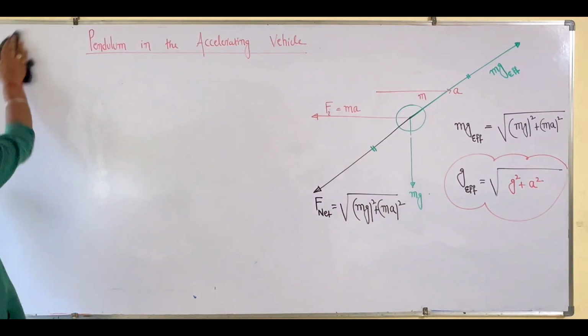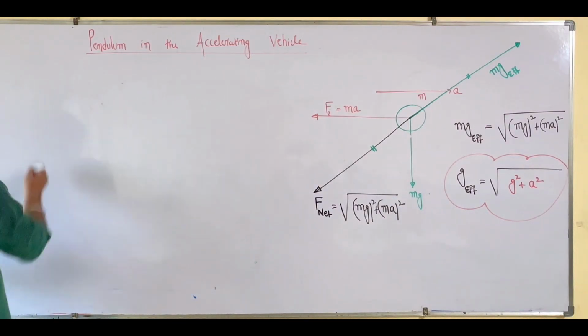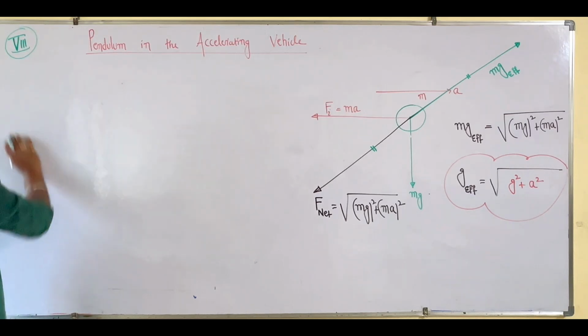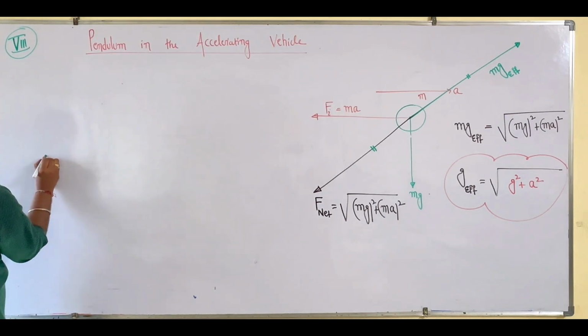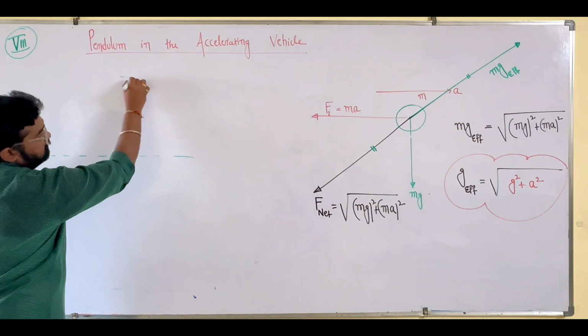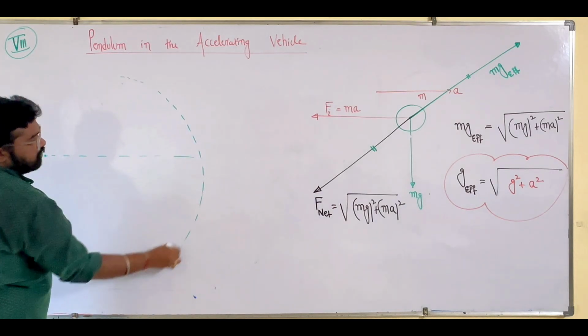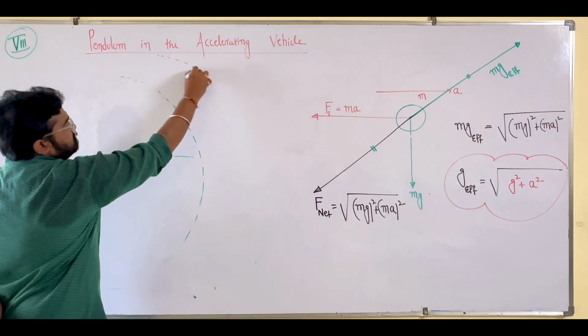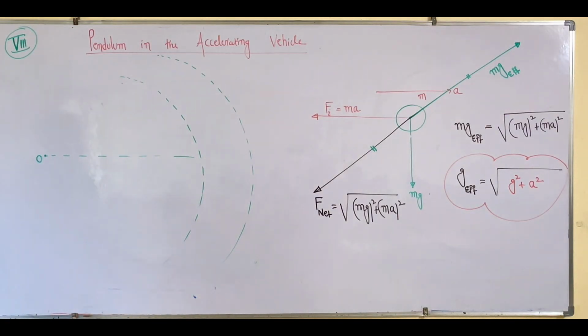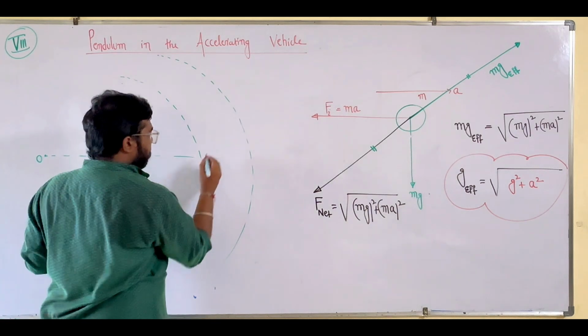Here S8. This is the center of circular motion. Car is moving on the circular road.